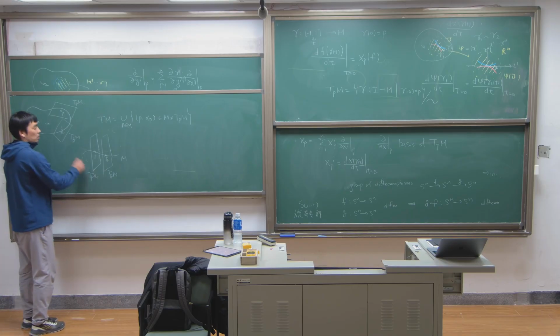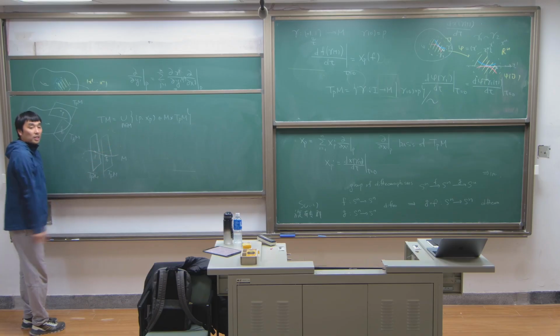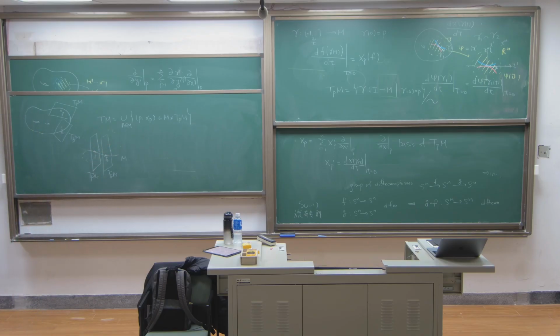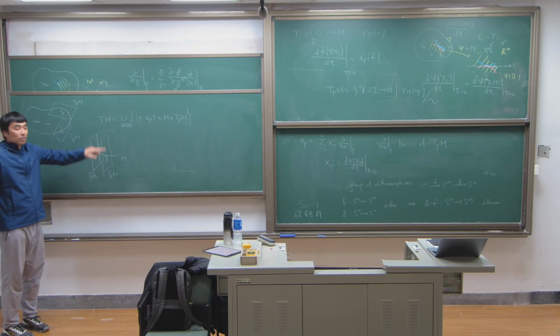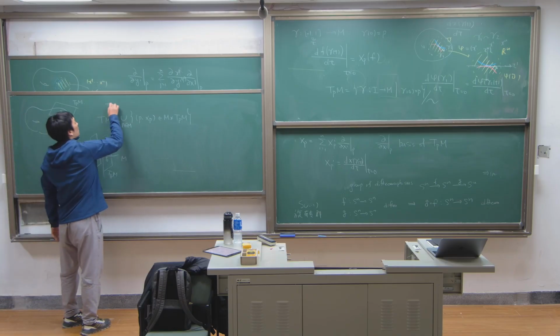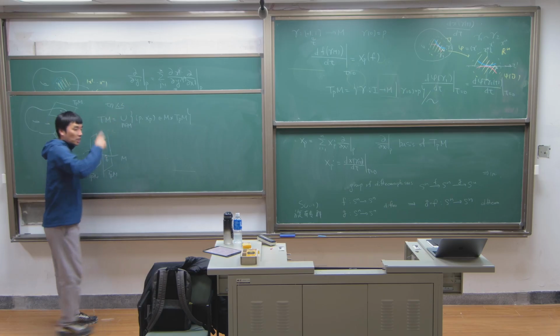You just consider the collection of these tangent spaces. If you consider the collection of tangent spaces, you get the so-called tangent bundle.